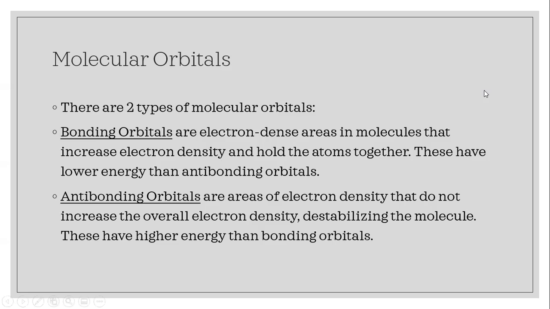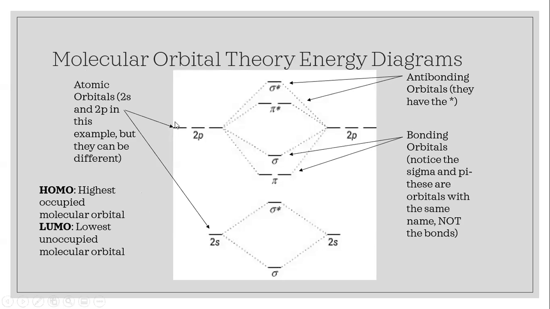This next slide, I'm going to show you exactly what they are, so it makes a lot more sense. Here's an energy diagram. I didn't include it here, but the trend is that energy level increases as you move up. This is a molecular orbital energy diagram.